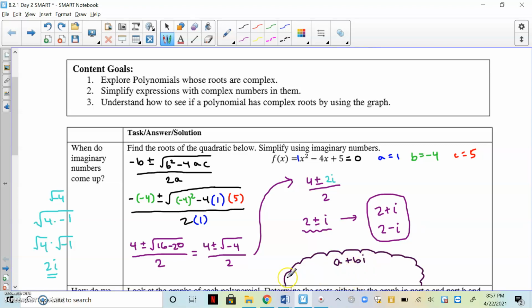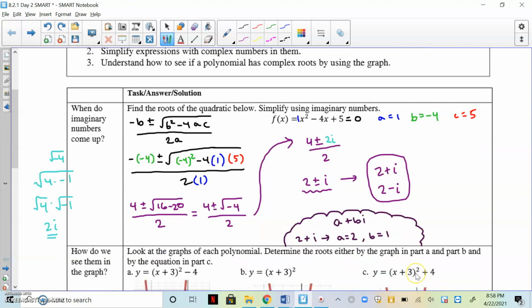So in 2 plus i, for example, the a is going to be 2 and the b is going to be 1. Now the b is 1 because there's no number in front of i. If there was a number, then it would just be that number, but since there's nothing, there's just an imaginary 1. Alright, so this is just the typical format in which complex numbers are written.